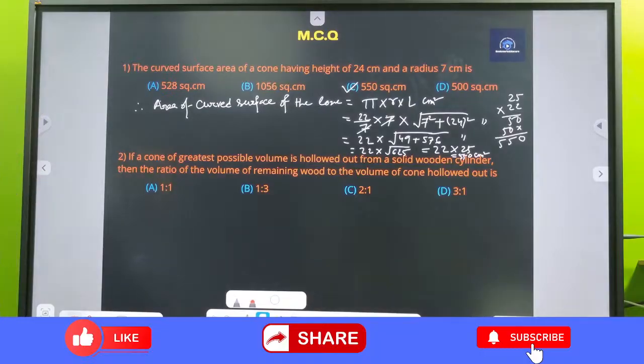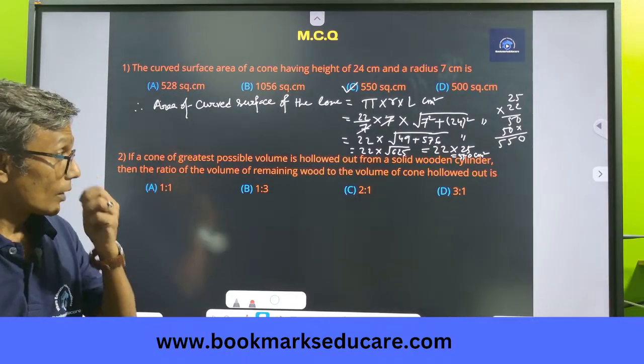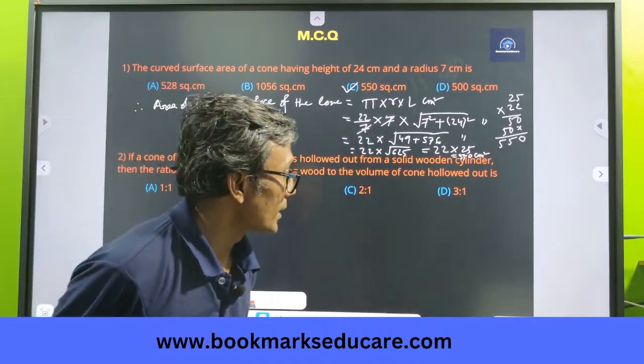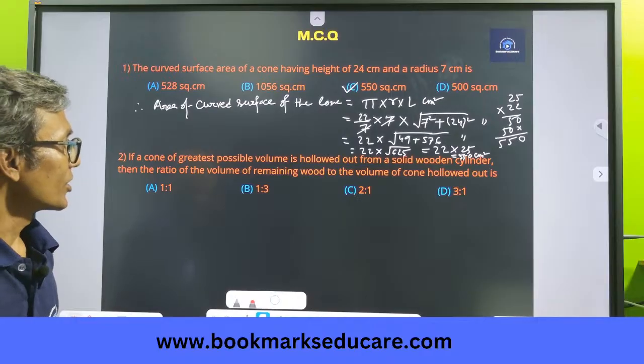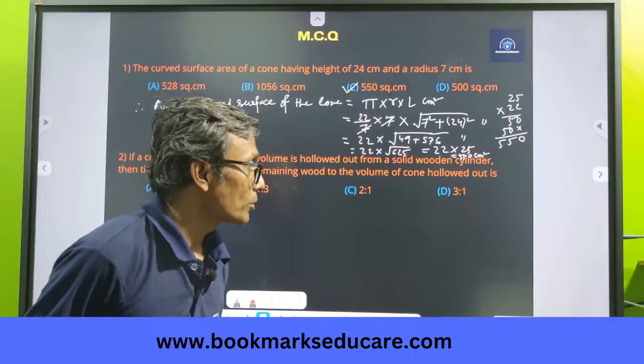Now the next question is, if a cone of greatest possible volume is hollowed out from a solid wooden cylinder, then the ratio of the volume of the remaining wood to the volume of cone hollowed out is.